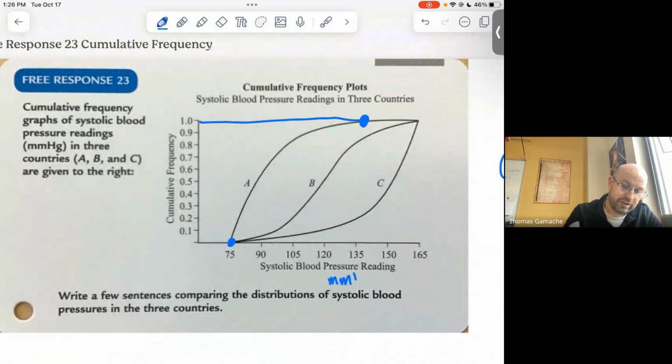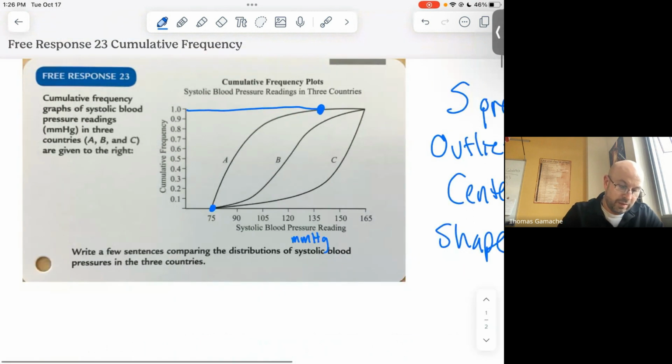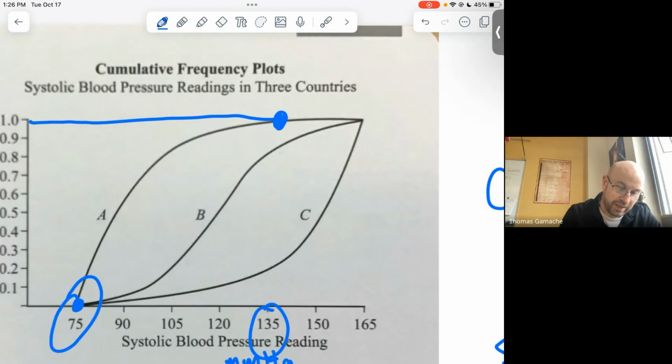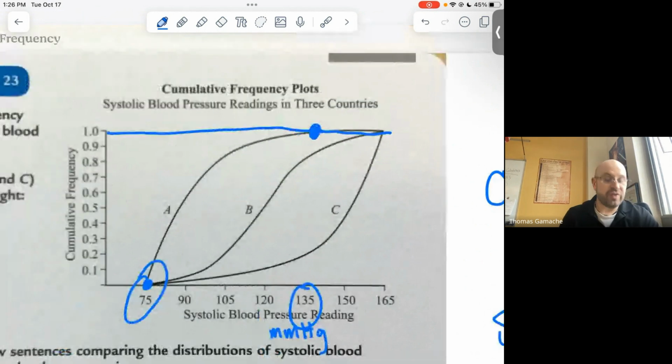It's always good to know the units you're looking at. So A, we're looking at a range of 75 to about 135. Because you'll notice once here it flattens out, that means we're not accumulating any data in this distribution anymore. We've reached 100% of our data. 100% is from 75 to 135.